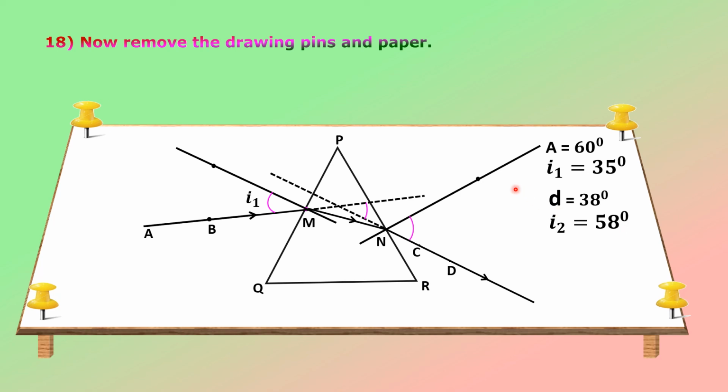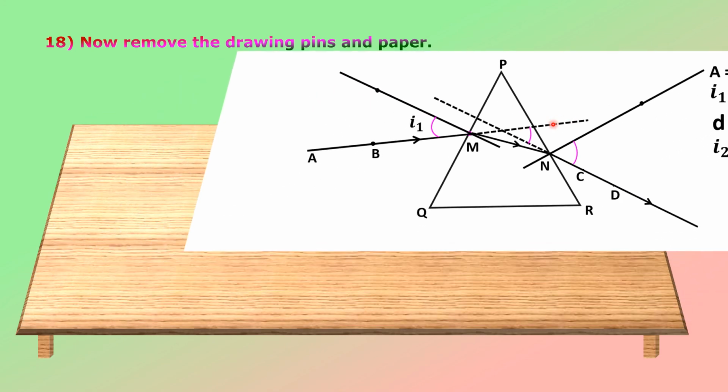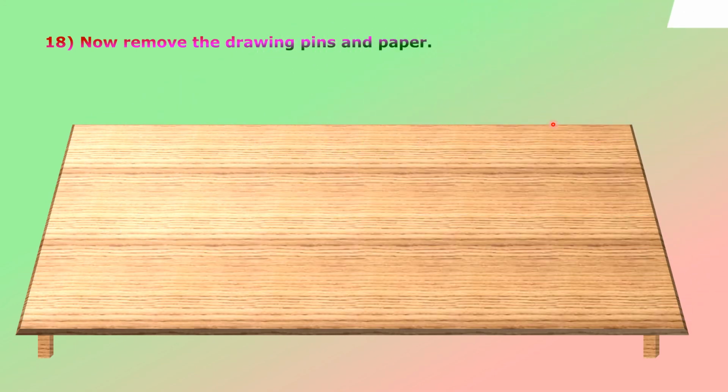So the error in this case is 5 degrees. We have to see the minimum error in each case. Okay, so let us remove the drawing pins and paper. So this is the first case.